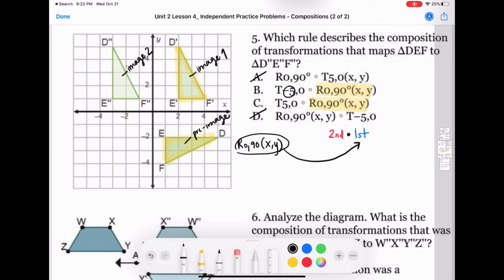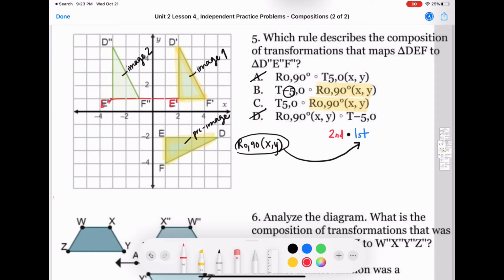So we move left horizontally 5 units. Well, let's look at this E prime, and let's move it left 5 units. 1, 2, 3, 4, 5. And it does in fact map to our resulting E prime on image 2.